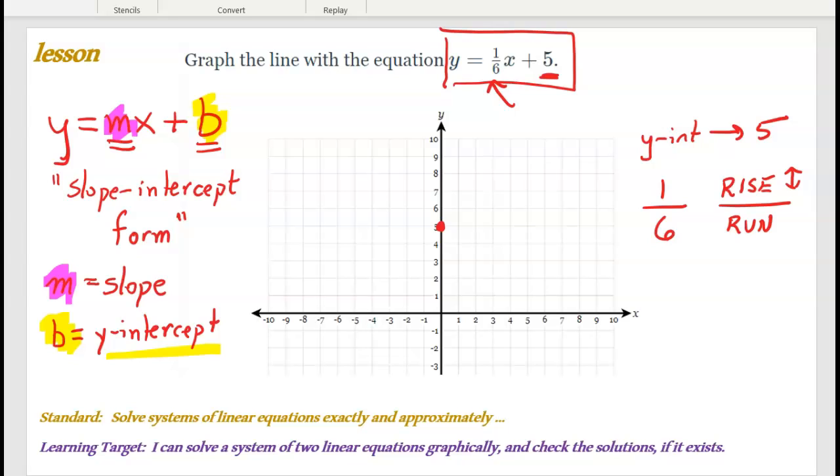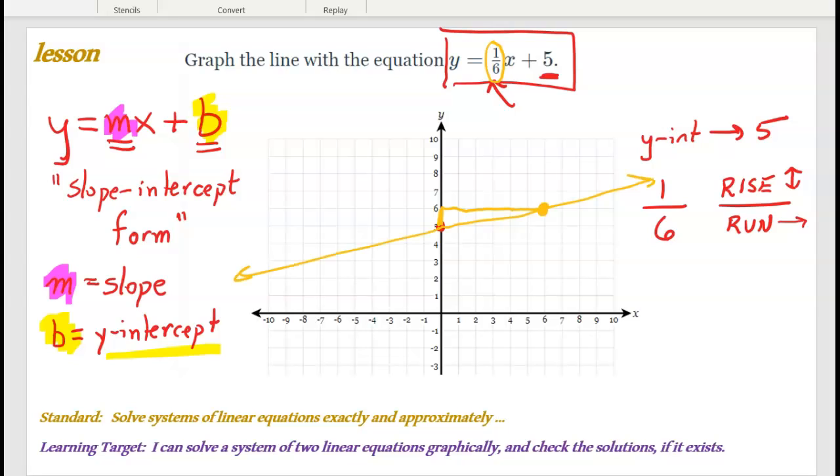If the fraction is negative, you're going to go down. But the number on the bottom is always to the right. So a slope of 1 over 6 means I'm going to rise 1 and run 6 spaces, and I'll be back on my line.